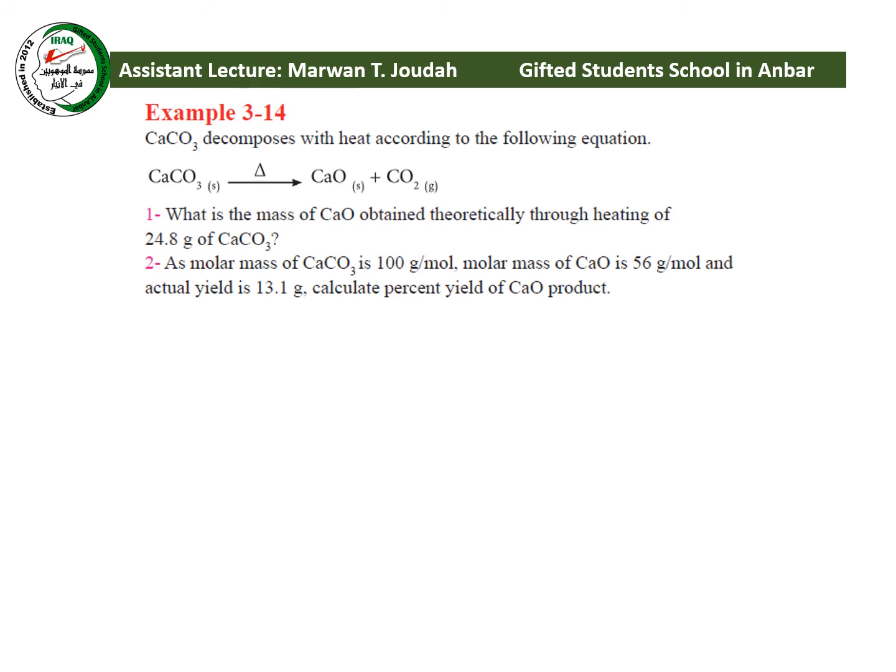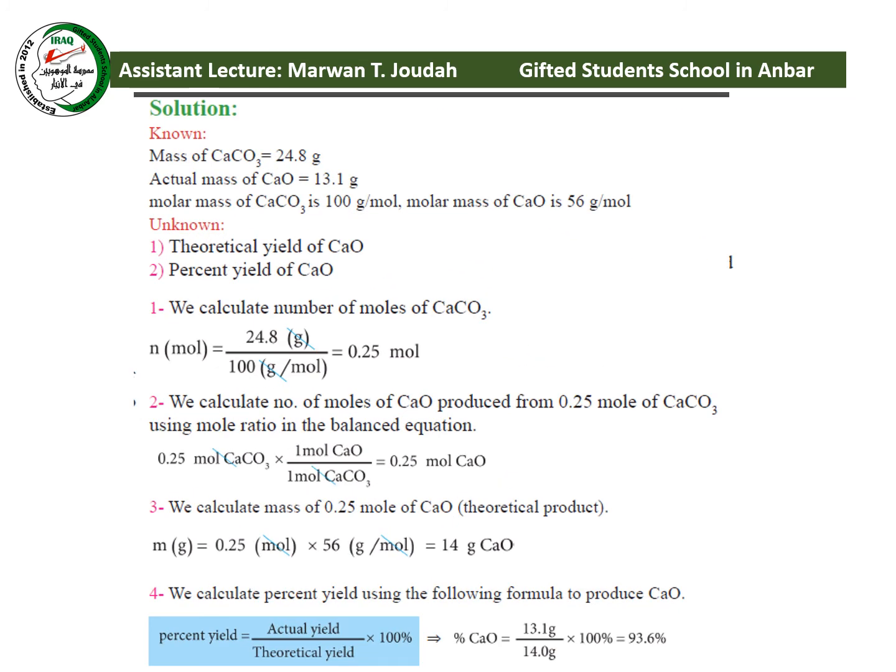Let's go over each one individually. We have the mass of CaCO3, the actual mass of CaO, and the molar masses. The unknown is the theoretical yield and the percent yield. The theoretical yield is the same one we are going to use in the percent yield.